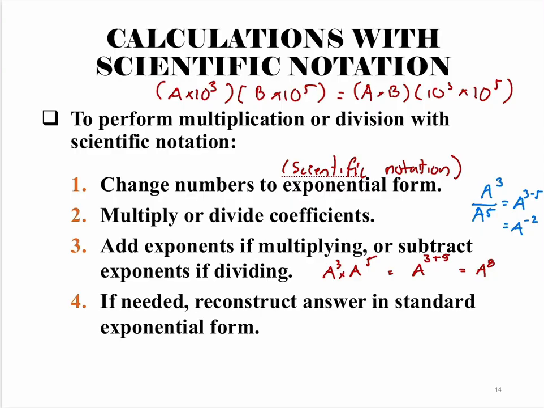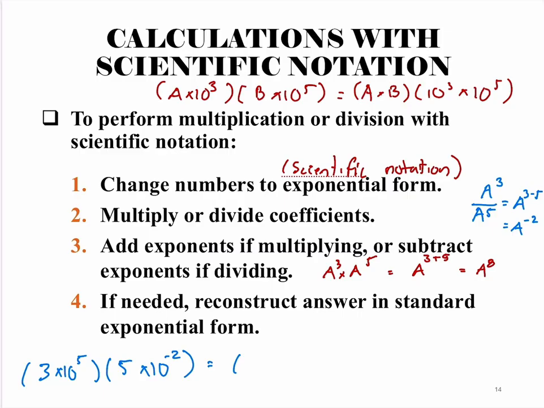All right, and then the last step says, if needed, we reconstruct the answer. And what does that mean? Well, if we have something like 3 times 10 to the 5 times 5 times 10 to the minus 2, we first multiply the coefficients together. I know it's low, so it's kind of hard to see. Like I said, I'm going to try not to be lecturing in here that much.